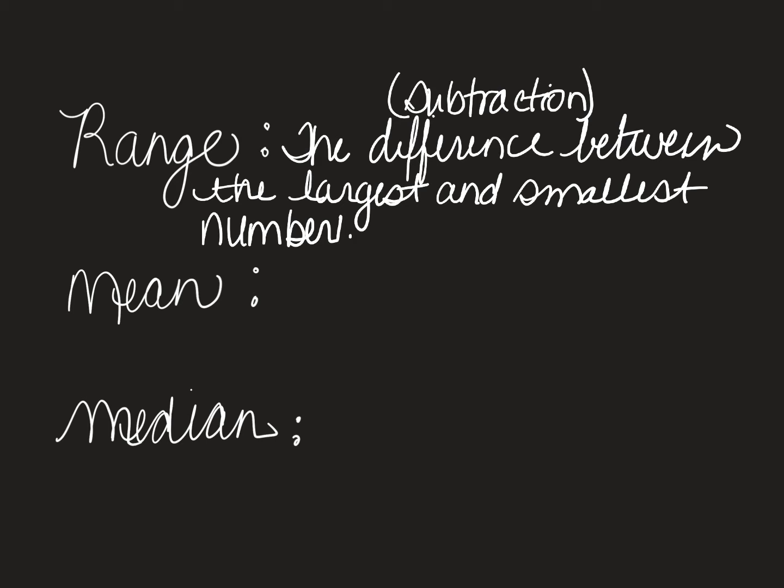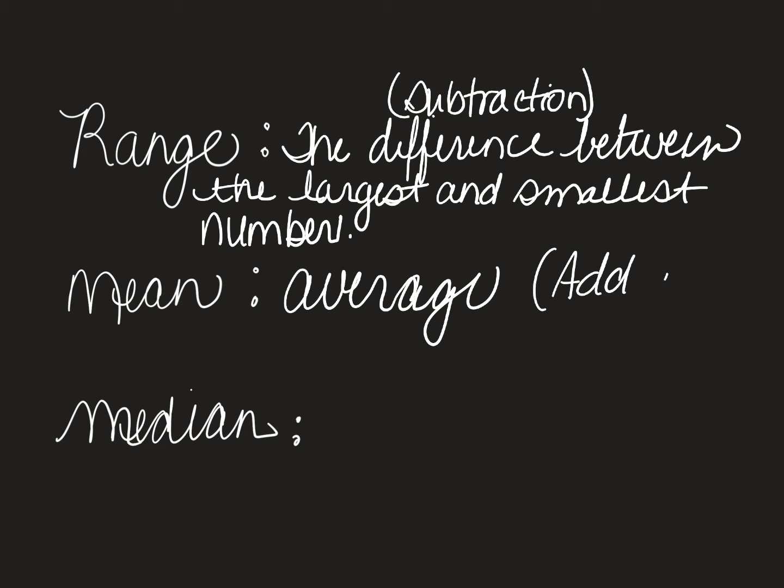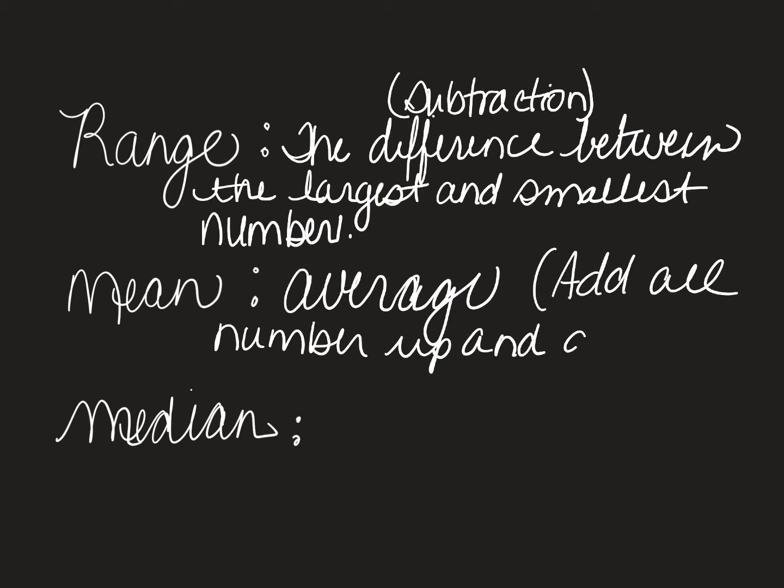Mean, and these are in your dictionary in the back. So mean is just basically the average. And to find the average, you add all the numbers up and divide by the number of numbers that you added.